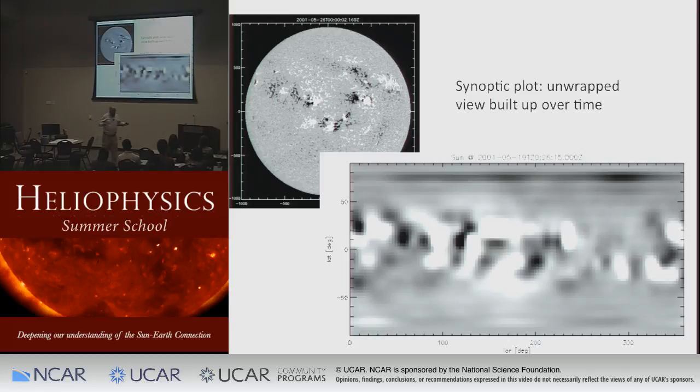One way we'll often plot these is we take the entire sun and just extract the magnetic field from right down the middle of it, we call the central meridian, and then on a given day we paste that in and we wait for the sun to rotate, and we paste in the next day and the day after that and the day after that. After a full rotation, after 29 days, we have a full map of the whole surface of the sun, except maybe the poles.